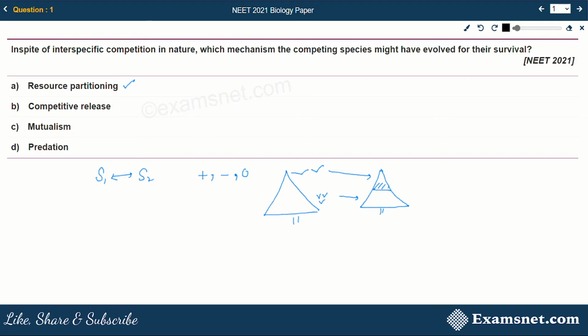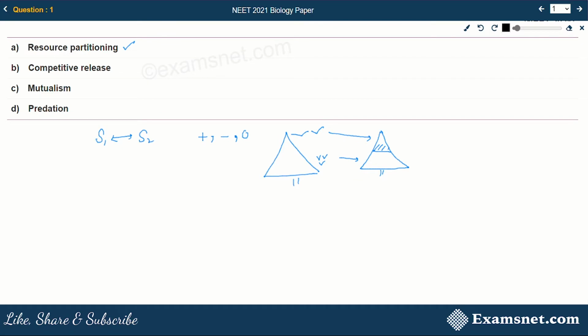But let's discuss other options as well. So option number B is competitive release. What does competitive release mean? See, suppose there is a species of organism which live on a very small area because its competitively superior species occupy a larger area.